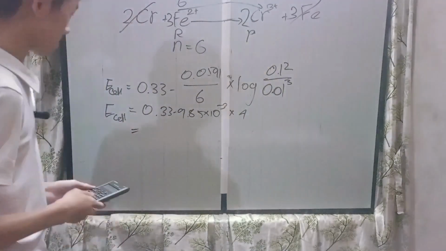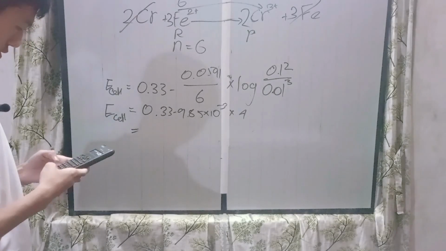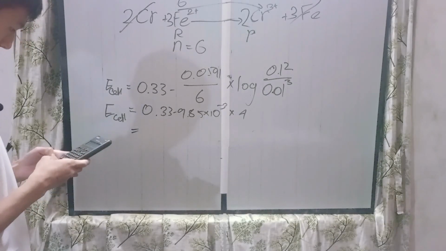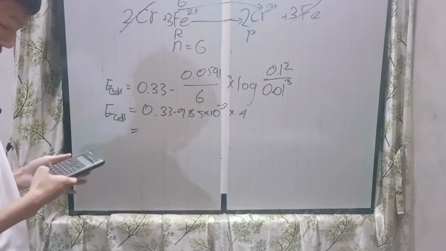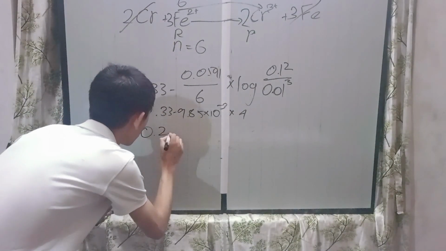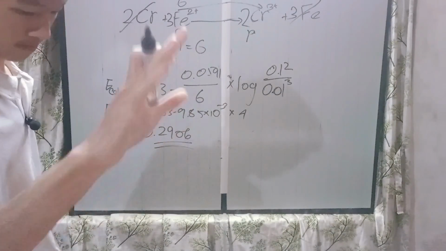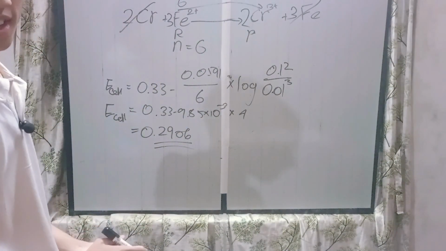Times 4. Then 0.31 minus that, the answer is about 0.27 volts. We're done.